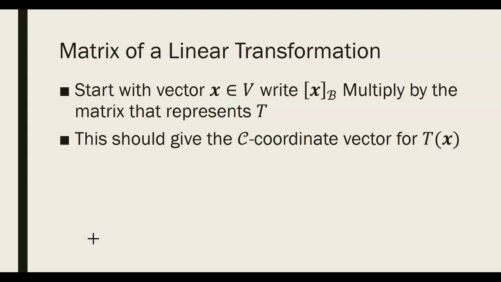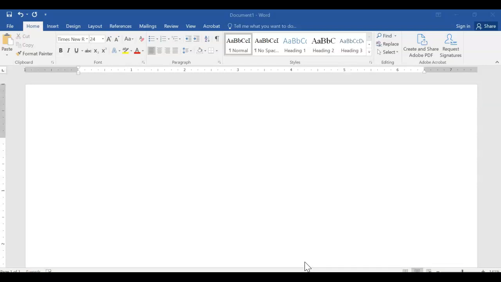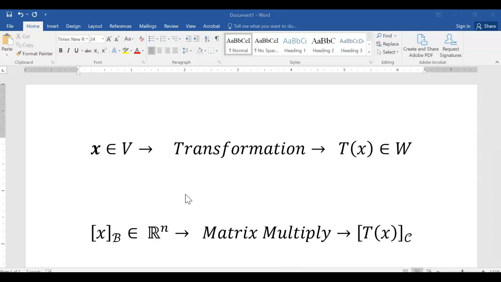Now, if you think about this, what we're actually doing is taking our vector x. Normally, we just apply the transformation to it, and we get T of x.